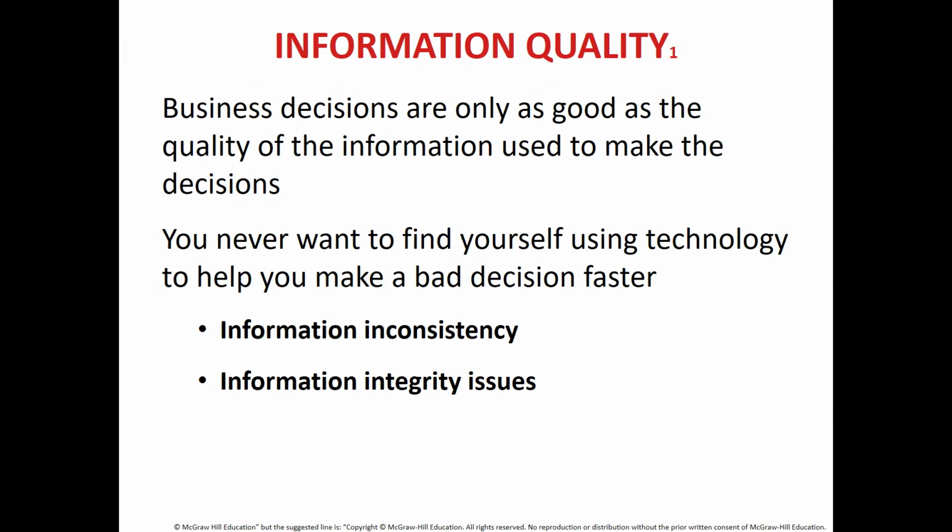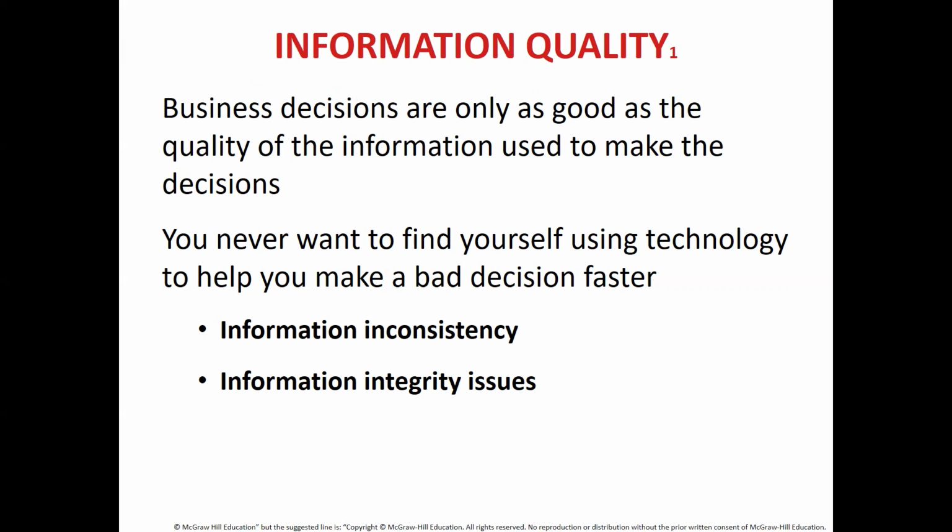Now, what it means in the very first line is that the quality of the decisions that you make depends on the quality of the information that you get. The information should be accurate, complete, and consistent, so you are able to make decisions as such.